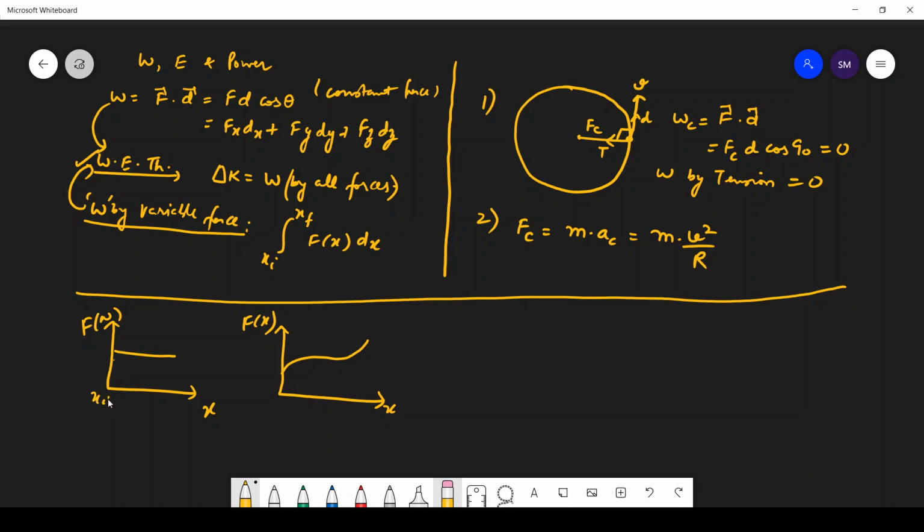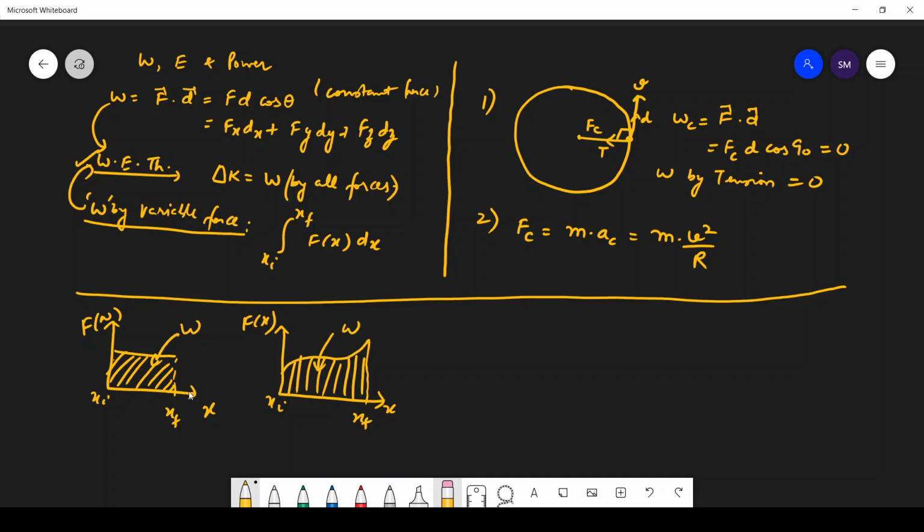So if this is xi and this is xf, then this area, force into displacement, is your work done.